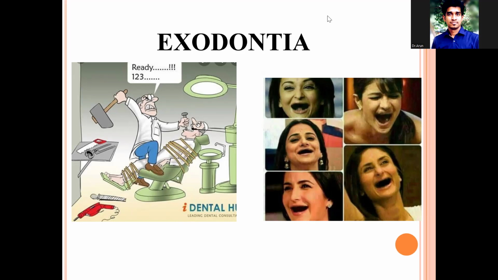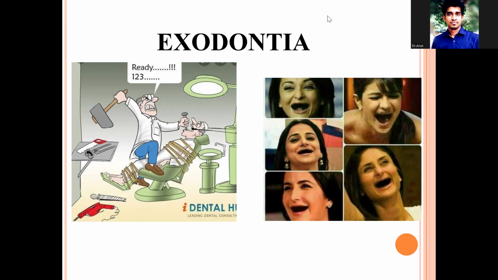Contraindications can be classified into absolute contraindications and relative contraindications. In absolute contraindications we will not do the extraction if the patient has uncontrolled diabetes, leukemia, renal failure, cirrhosis of liver, or cardiac failure.